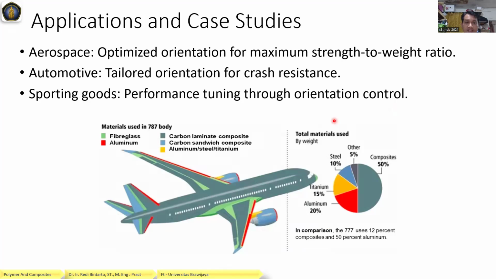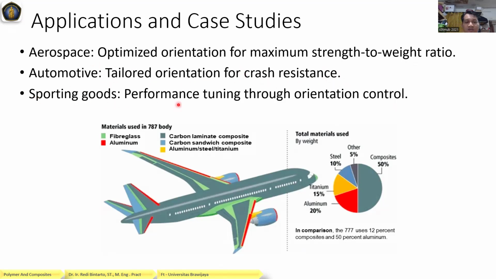So some applications and case studies. For aerospace, we optimize orientation for maximum strength-to-weight ratio. And for automotive, tailor orientation for crash resistance. This is for crash resistance, like crash boxes.